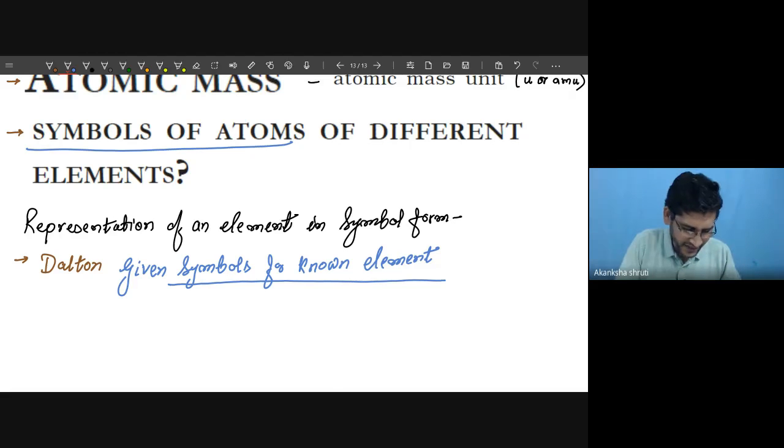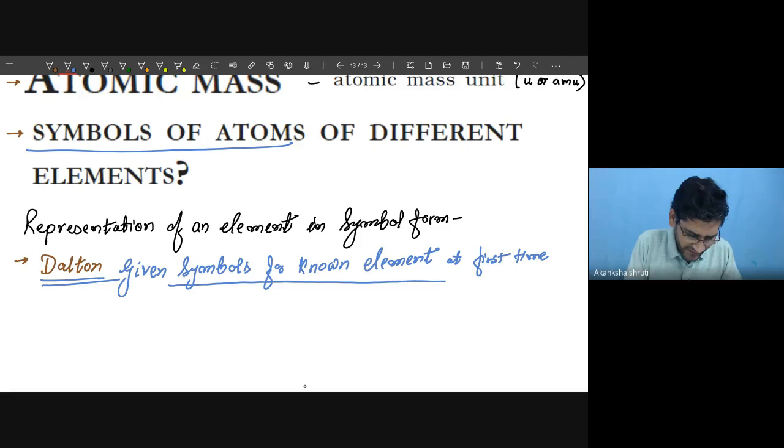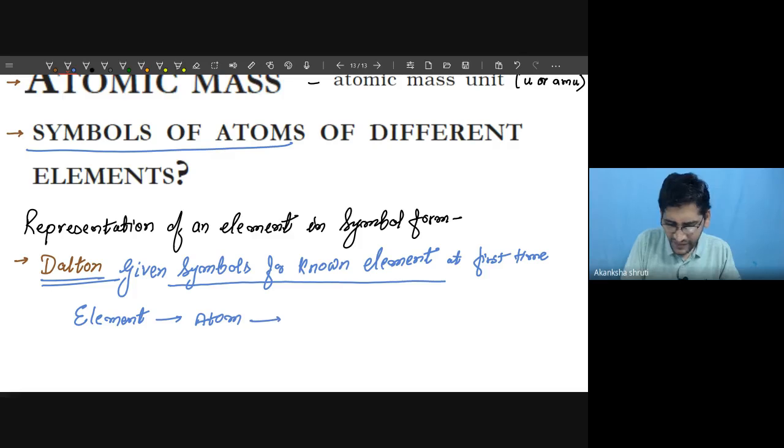We have to understand how these symbols were developed, or how conveniently these symbols were taken. So very first, Dalton gave symbols for known elements for the first time. He told that an element should be represented by its atom, and for that atom we must use a symbol rather than writing the big name.